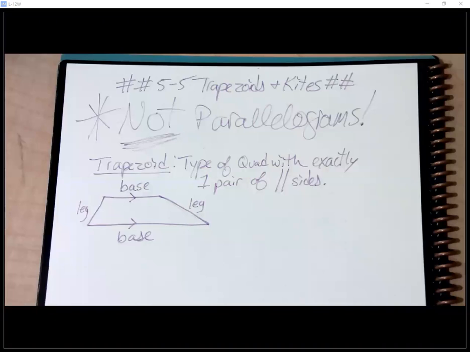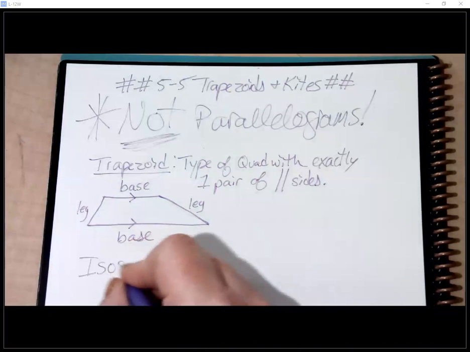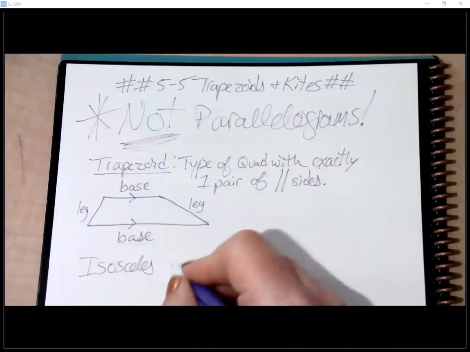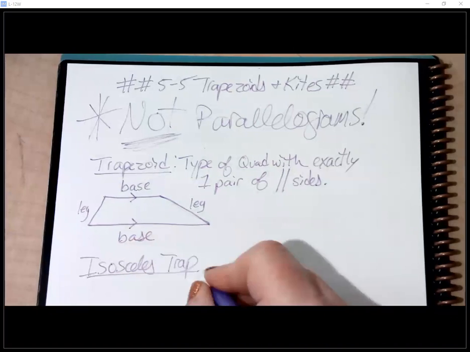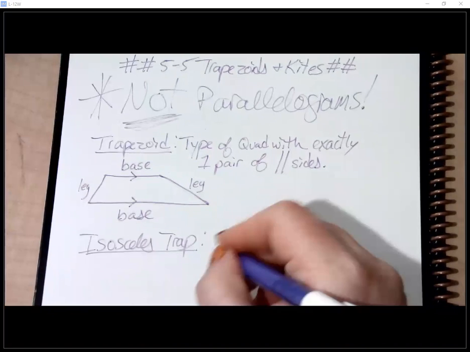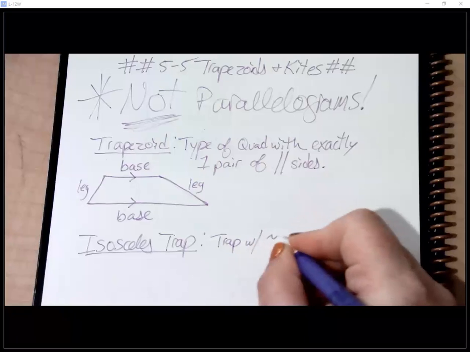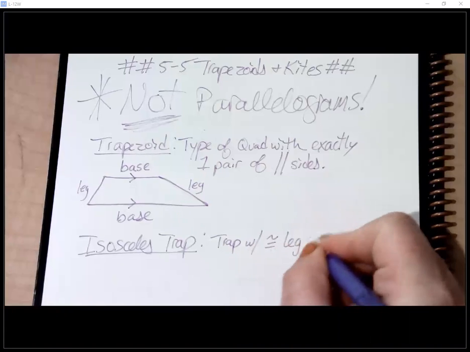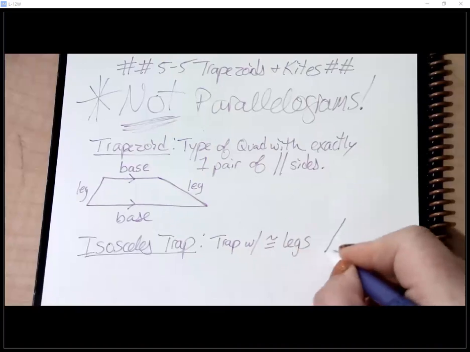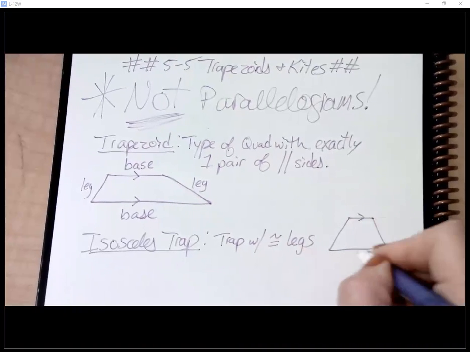You could have an isosceles trapezoid. So that's just a type of trapezoid that happens to have the 2 legs congruent. So a trapezoid with congruent legs. You still have that 1 pair of parallel sides, but now your legs are congruent.